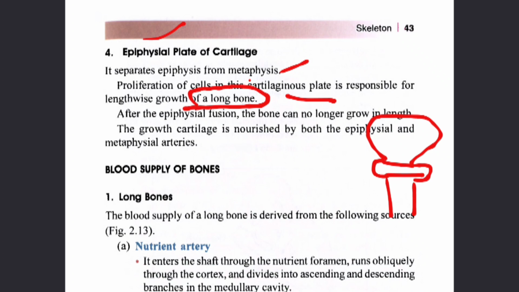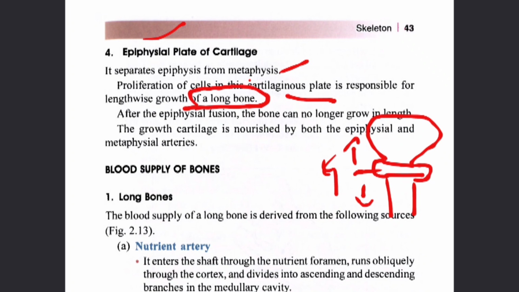When proliferation takes place in this region, it will increase the length of the long bone on both sides. After the epiphyseal fusion, the bone can no longer grow in length. The growth cartilage is nourished by both the epiphyseal and metaphyseal arteries. So when the complete fusion takes place, the growing of the long bone stops.